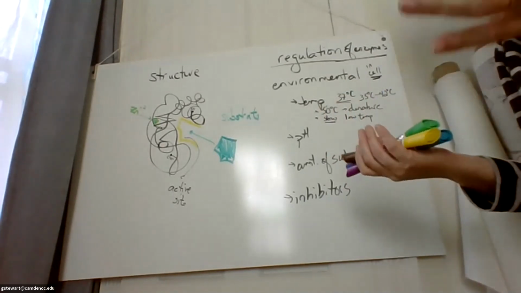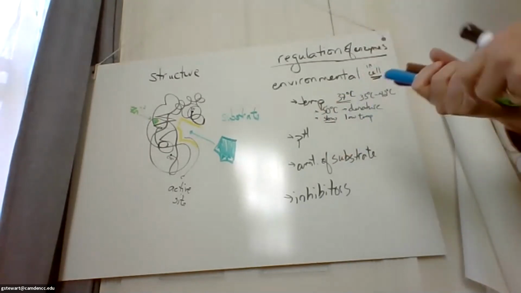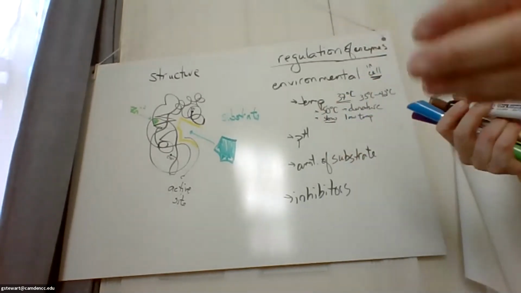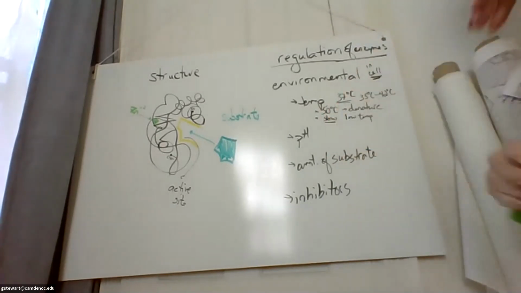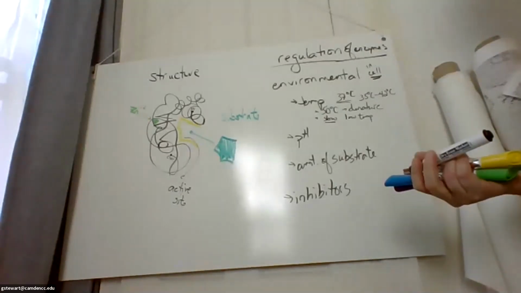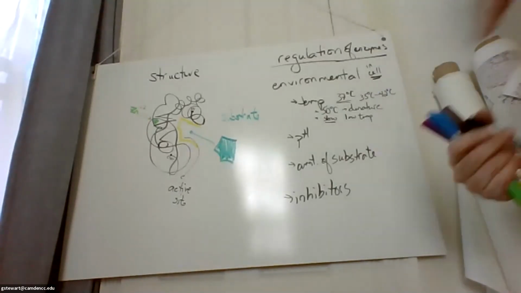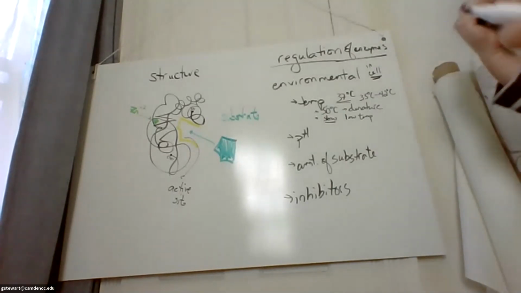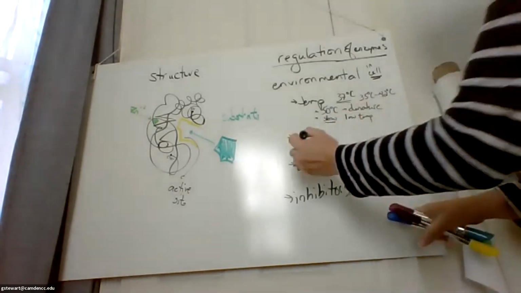That's why we use freezers and refrigerators to help preserve our food, because it will slow down or completely inhibit enzymes. But unless you actually denature the enzyme, when it reaches back to room temperature, or body temperature for some bacteria, those enzymes will start working again and could still cause disease or sickness.